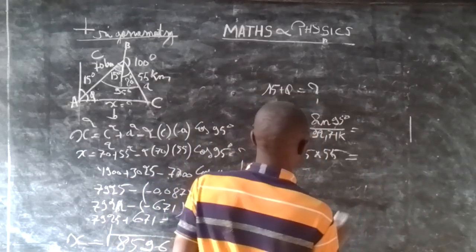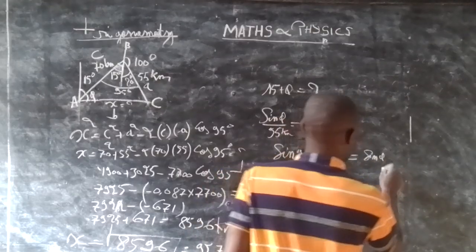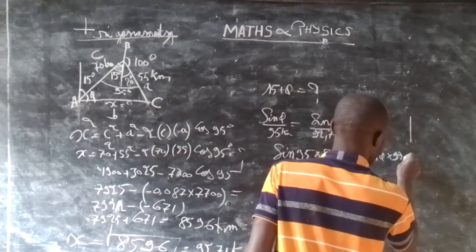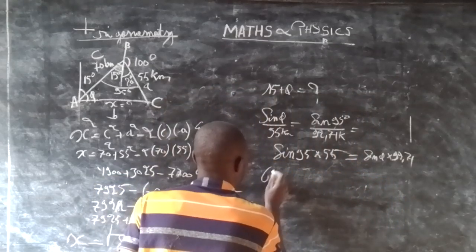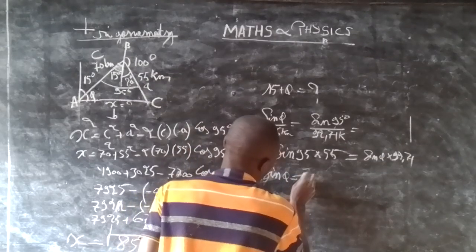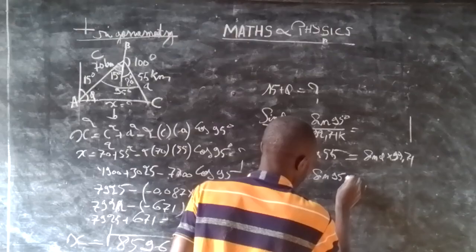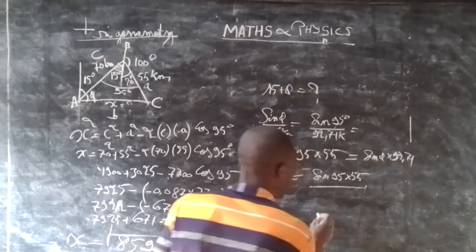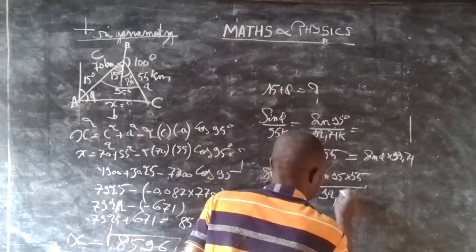which is equal to sine phi times 92.71. So sine phi will be equal to sine 95 times 55 divided by 92.71.